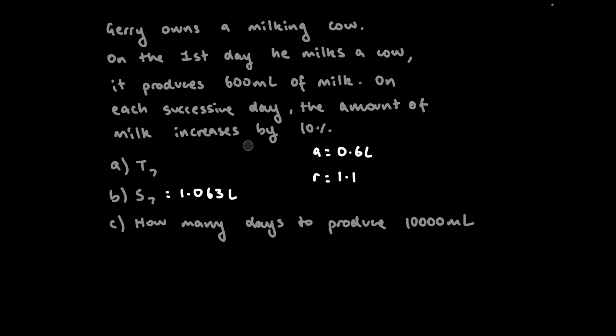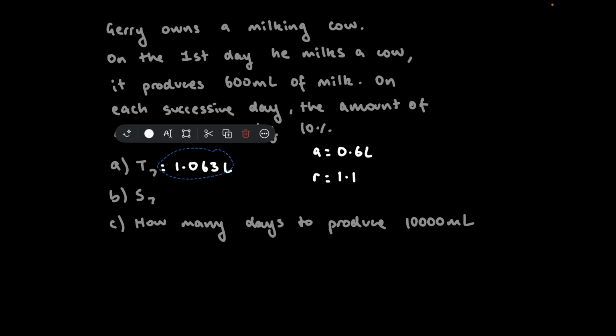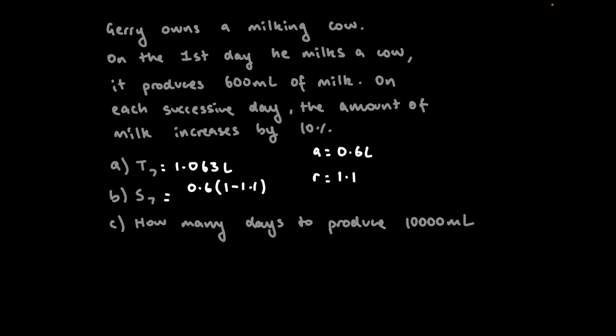Now let's work out what is S7. So what is the summation of all the milk he produces in a week? In this case, we can use the geometric series formula. We can say it's the same as 0.6 times 1 minus 1.1 to the power of 7, all over 1 minus 1.1.